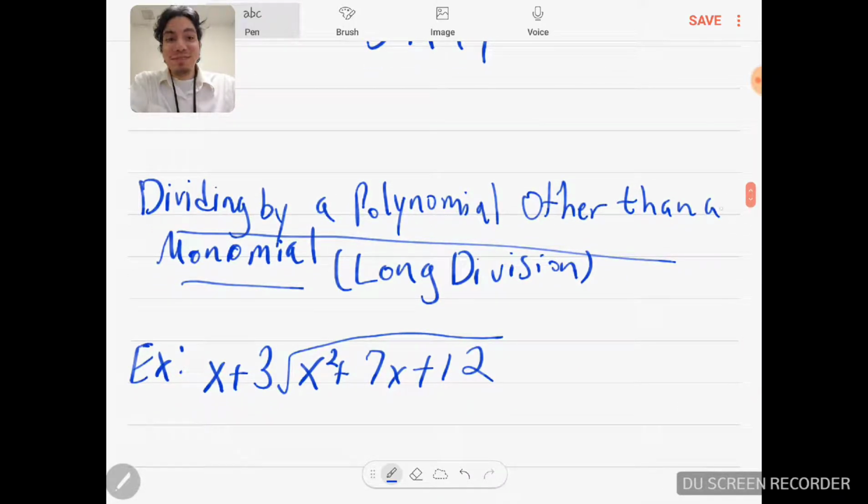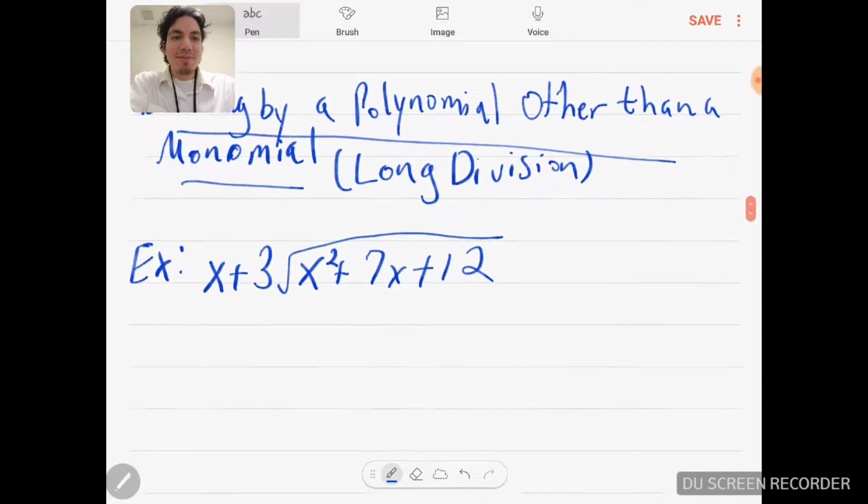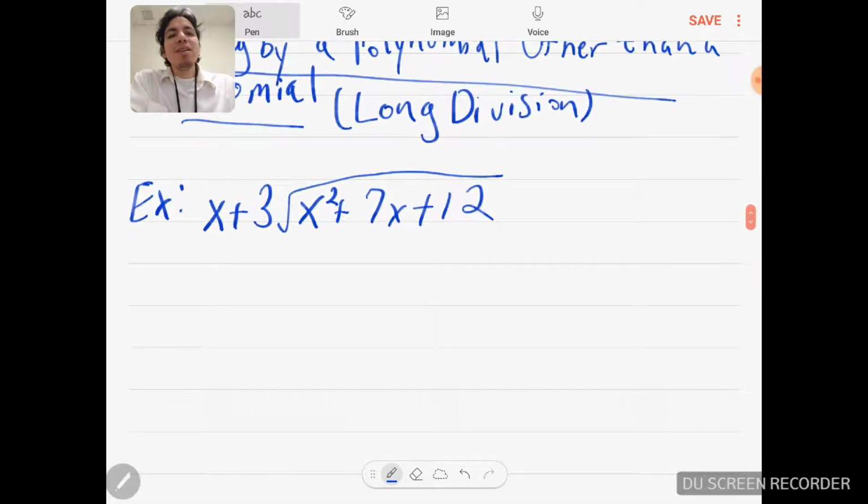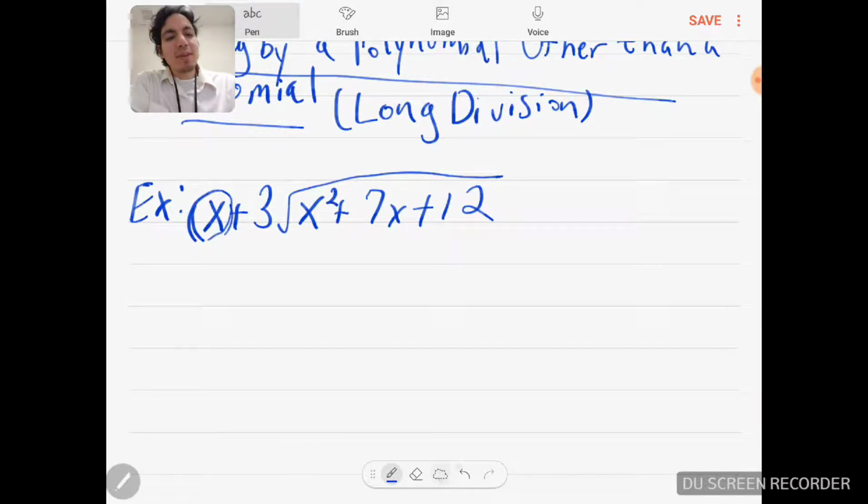So this is going to be long division. To do this, you have to first take the first term here, right? Then you divide that by the first term in the divisor. So it would be x squared divided by x, right? After you divide, you just simply get x.